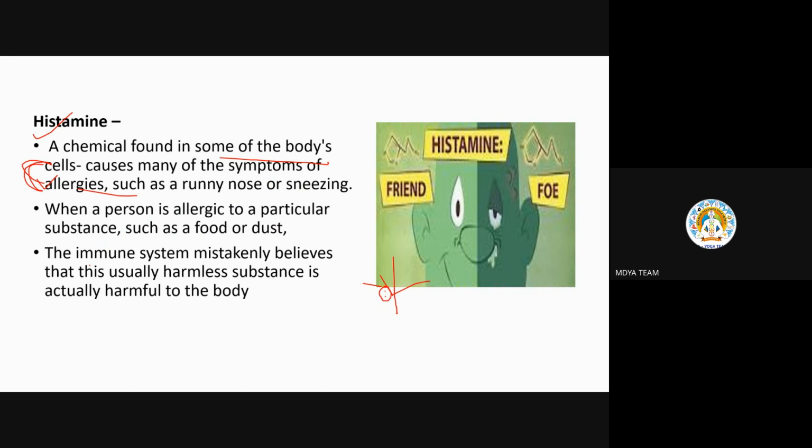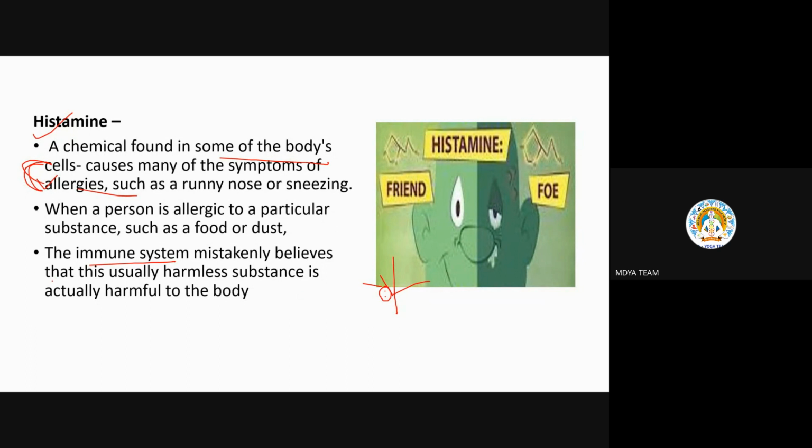Due to a weak immune system, meaning the immune system is not working properly, the immune system mistakenly understands that this cell is harmful for me. The cell which is not harmful, it understands as harmful and destroys it.